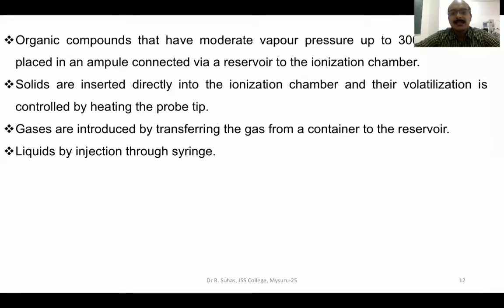If it is a gas, it is transferred from one container to the reservoir, and if it is a liquid, you can use special syringes for injecting liquids into the inlet system. Whatever the physical state of the sample, you have to convert it into the vapor phase. That is one of the prerequisites we discussed earlier.